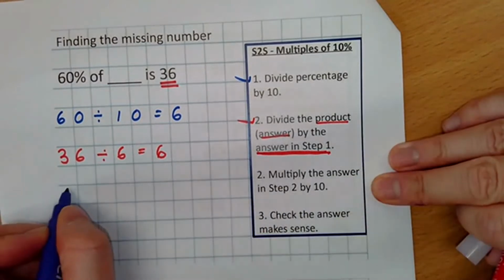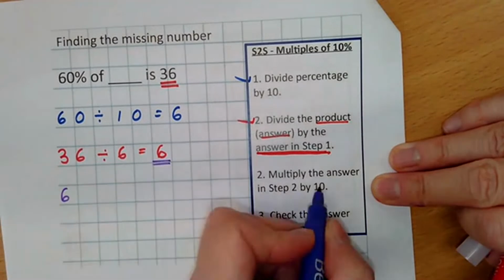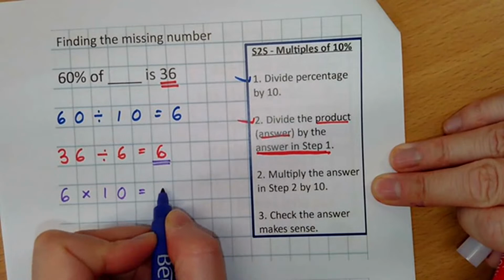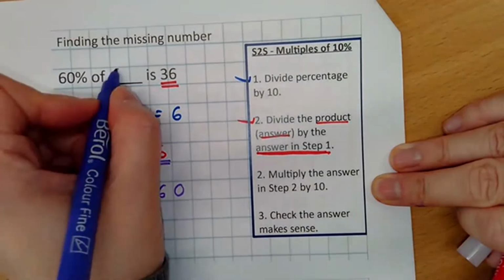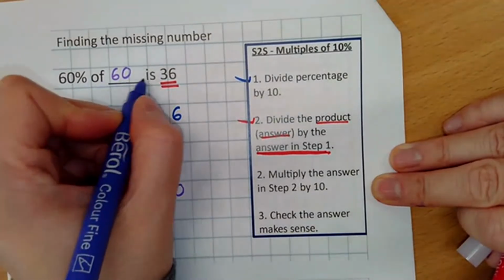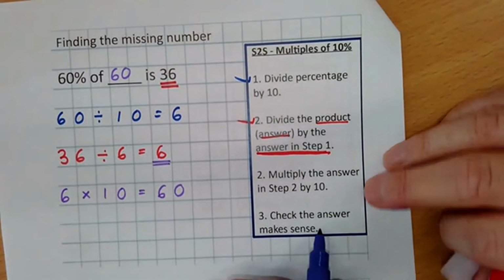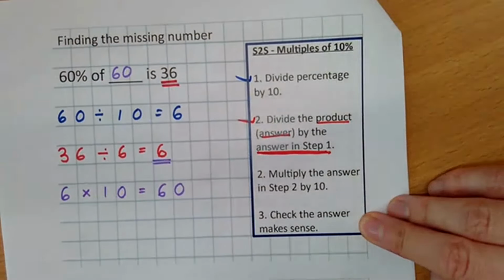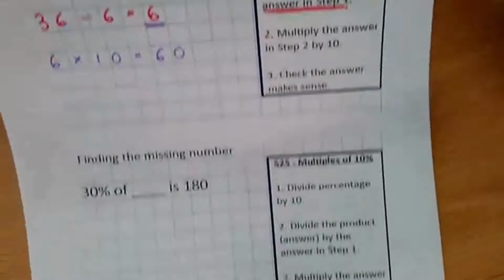So here's my answer in step 2, and I'm going to multiply it by 10, which equals 60. Fantastic. So 60% of 60 is 36. I need to check that the answer makes sense, and it's definitely greater than 36.